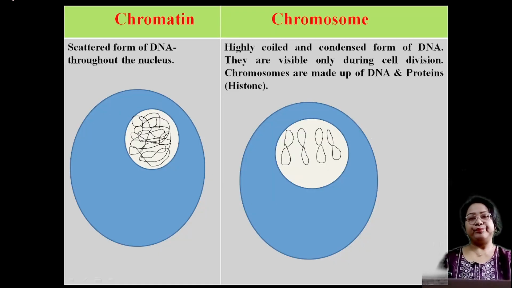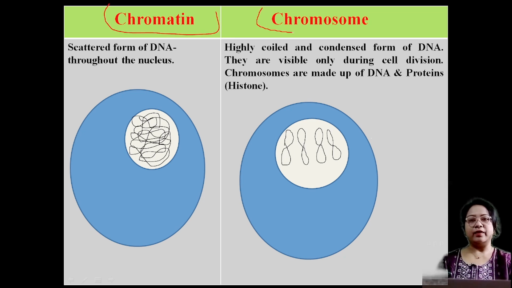So there are two terms in the case of DNA. One is chromatin and the other one is chromosomes. So what do we mean by chromatin? Chromatin means a scattered form of DNA throughout the nucleus. Have you seen the DNA inside the nucleus that is in scattered form?